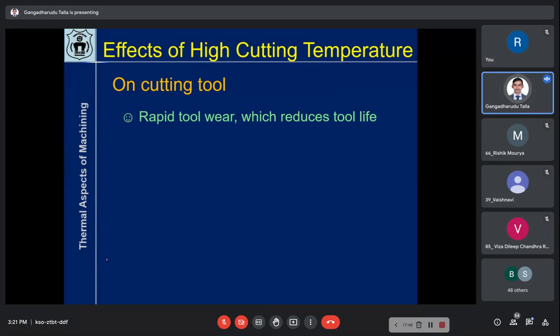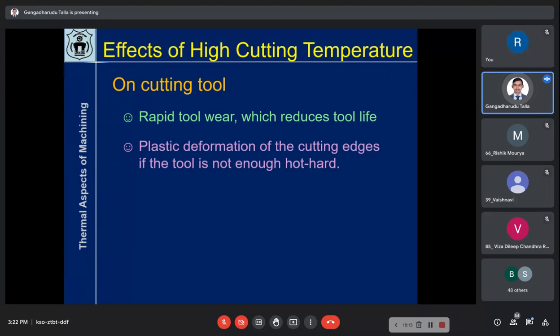There are reasons for this. Diffusion activity increases when the temperature is increased, and the tool will also lose its cutting edge shape, or it will deform at the elevated temperatures. So all these will lead to the reduction of the tool life.